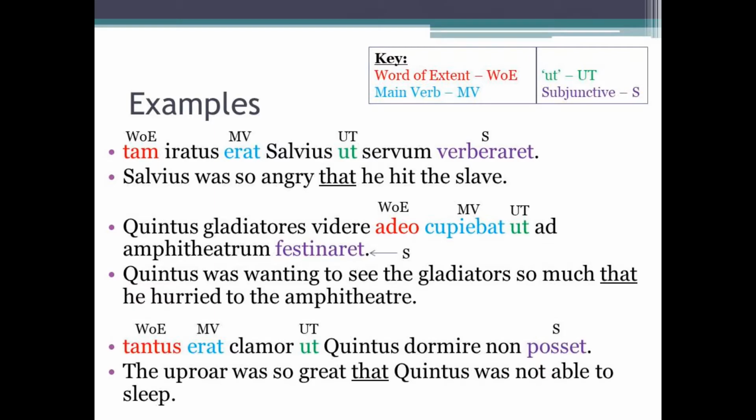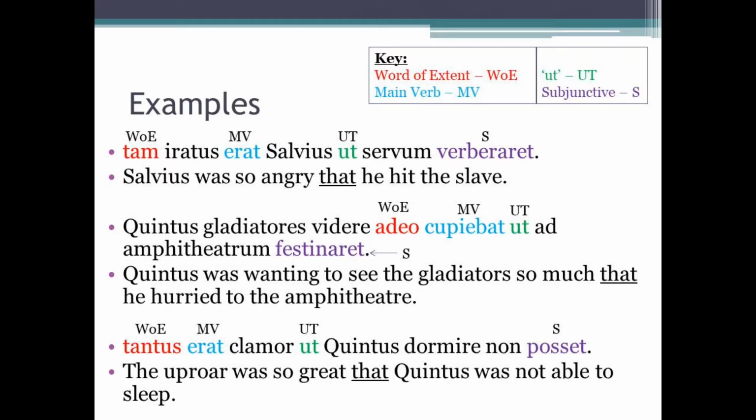Quintus was wanting to see the gladiators so much that he hurried to the amphitheatre. Tantus erat clamor ut Quintus dormire non posset. The uproar was so great that Quintus was not able to sleep. And in each one of these sentences, I've highlighted the four main components of a result clause.